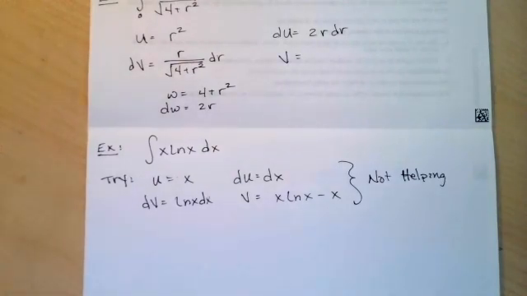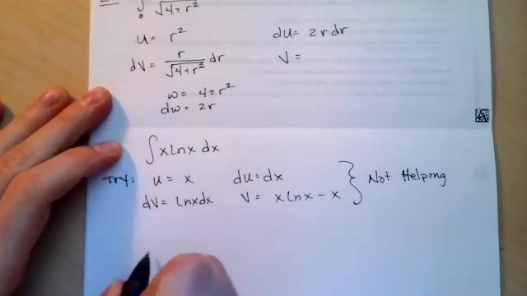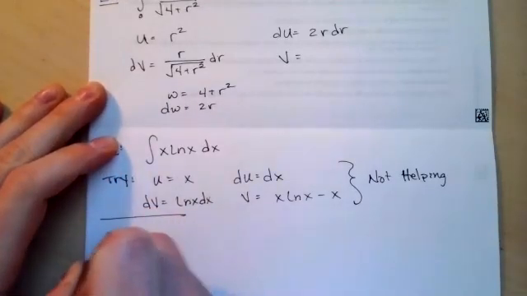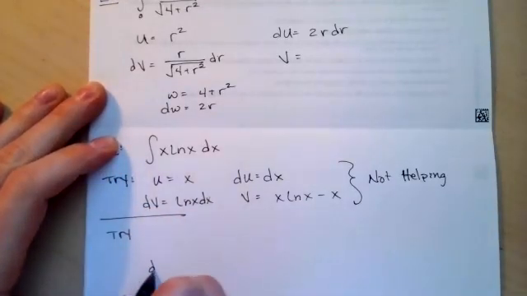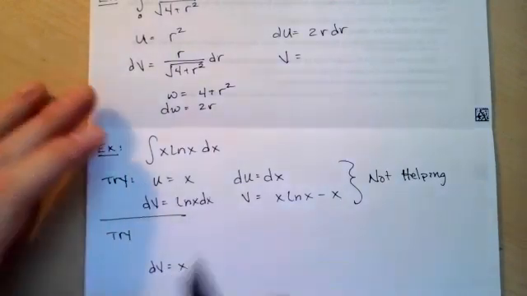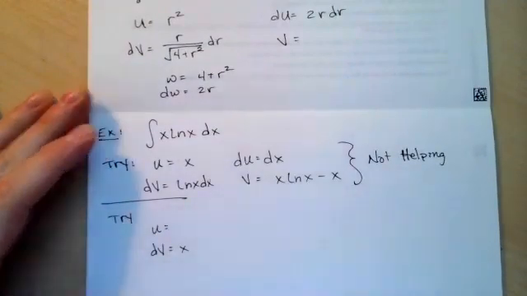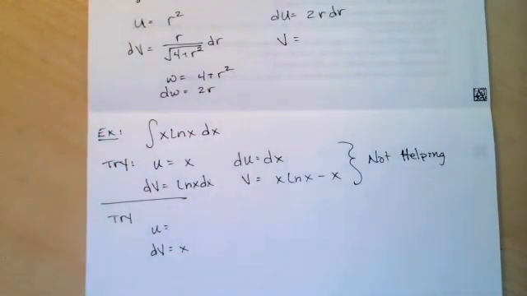Well, in this case, there's only one other way, and it's going to go counter to the techniques we were using yesterday, or at least the principle. If we have our polynomial term as our dv, and our natural log as our u, what's that going to look like?